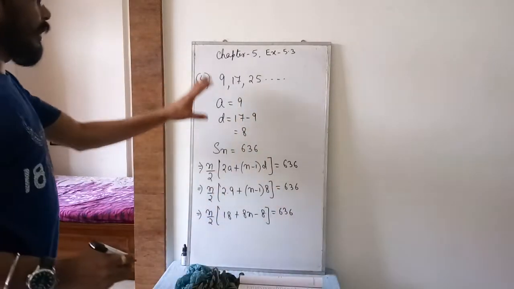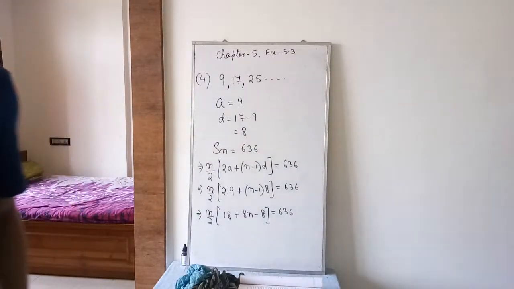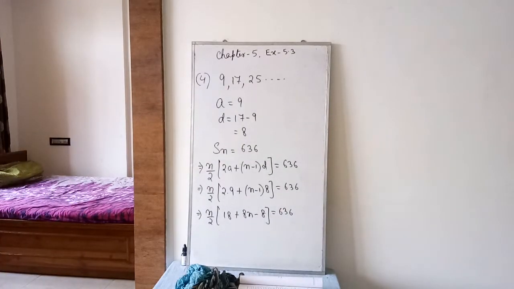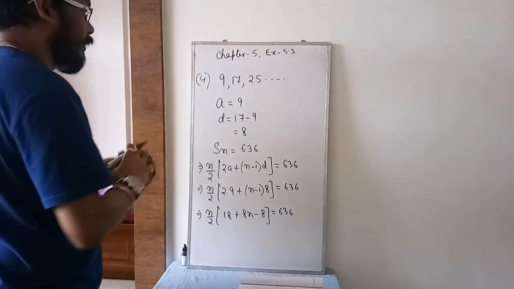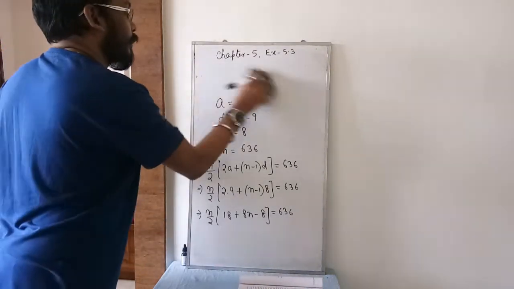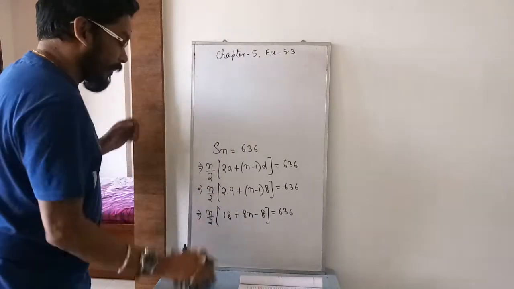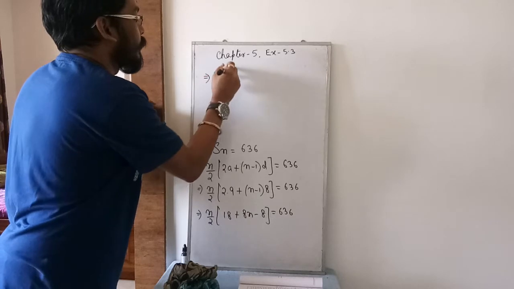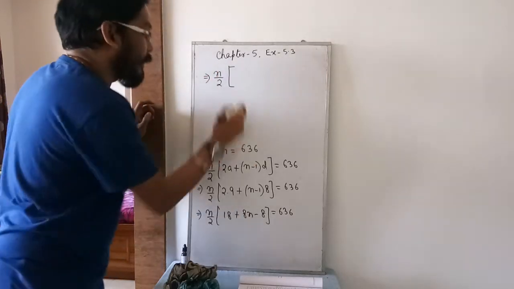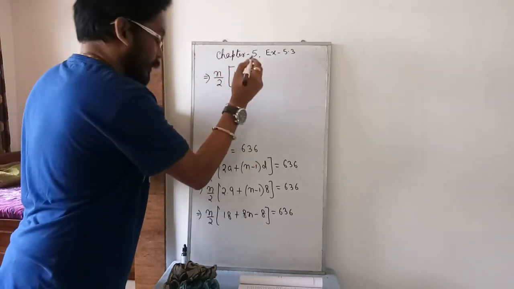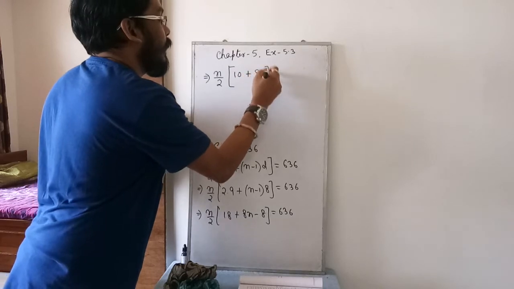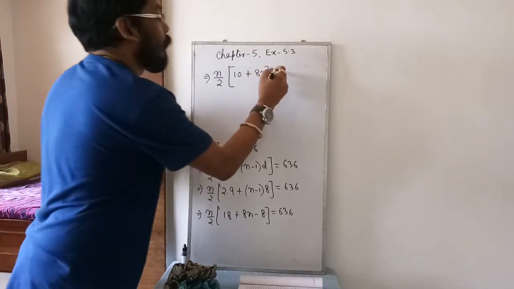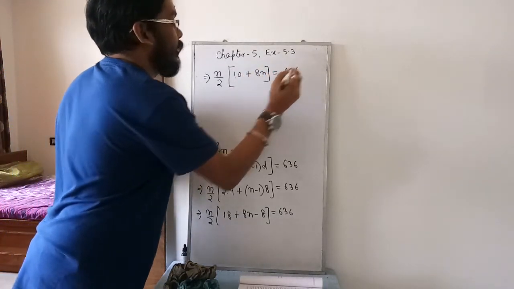Take the screenshot, I will rub the upper part. Okay. Now let me simplify a little more inside the bracket. 18 minus 8 is 10, so 10 plus 8n equal to 636.